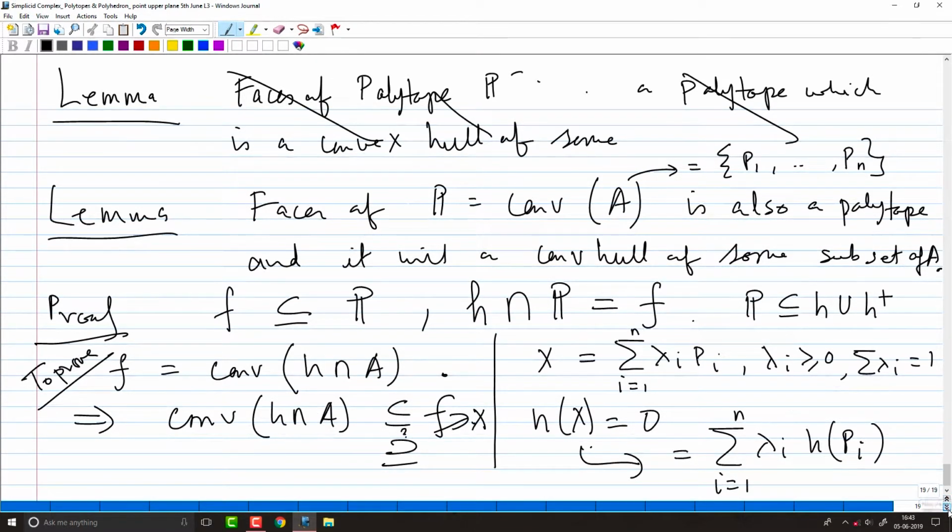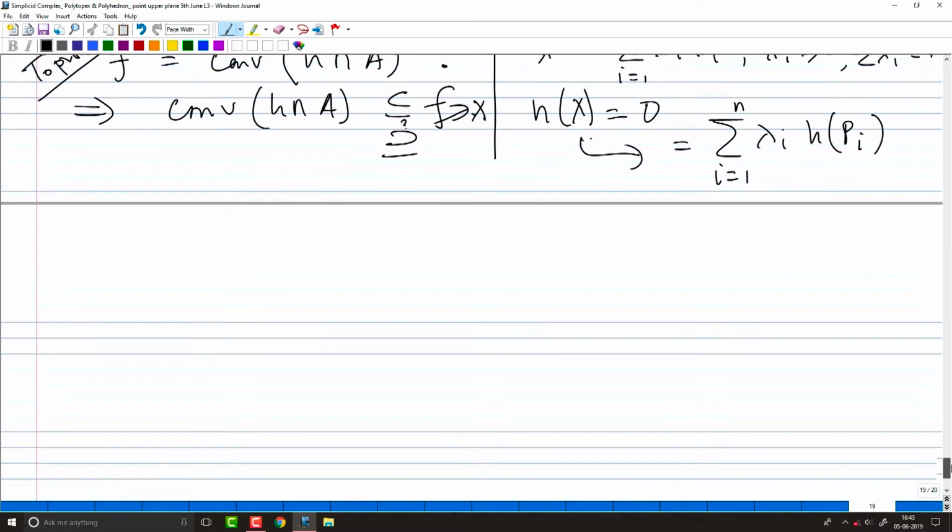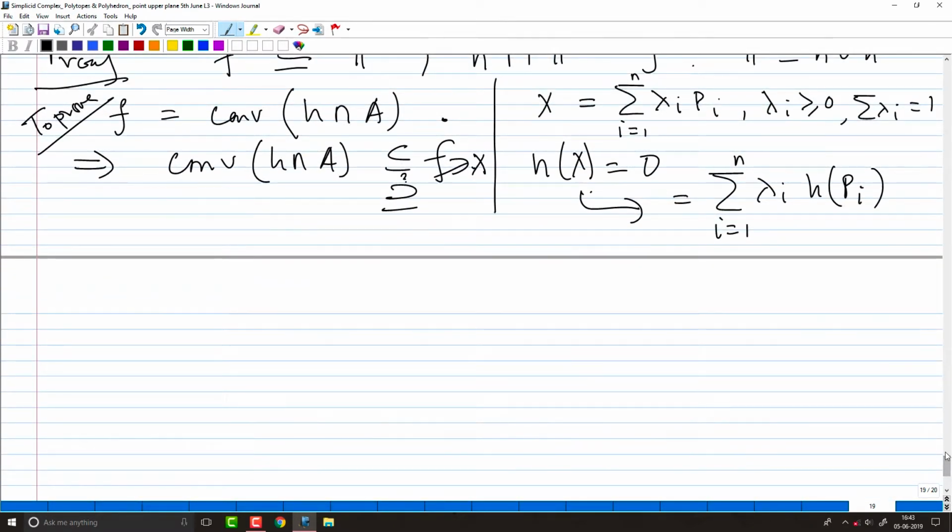Let me go to page 1. I am writing X equal to summation lambda i Pi, i equal to 1 to n.